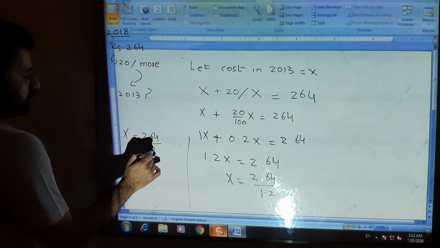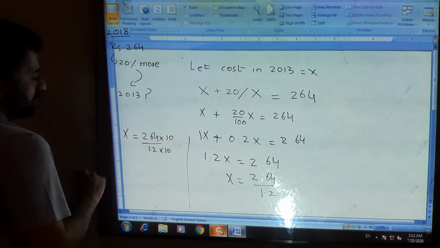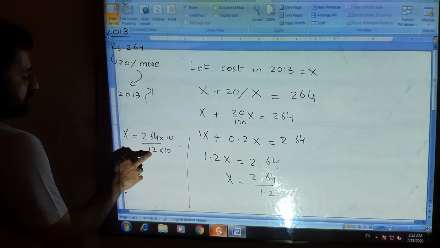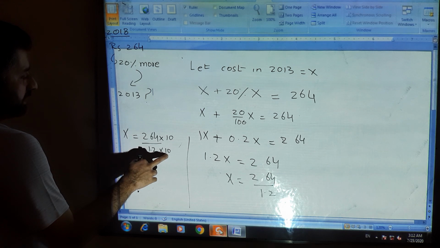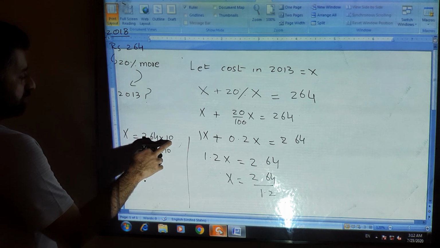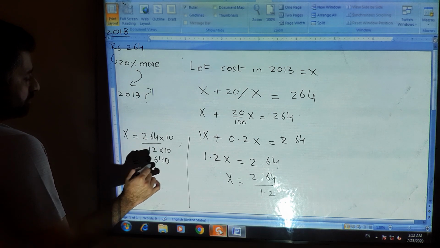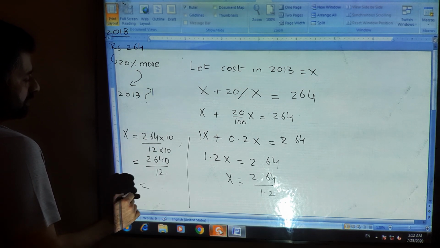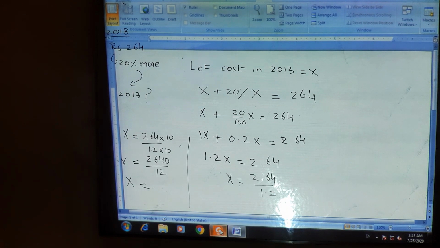264 over 12, because I have multiplied 1.2 by 10 in order to eliminate this decimal. Multiply this denominator with 10 and the same for the numerator. Equal treatment. That is 2640 over 12. We can simplify this one. Let us simplify.